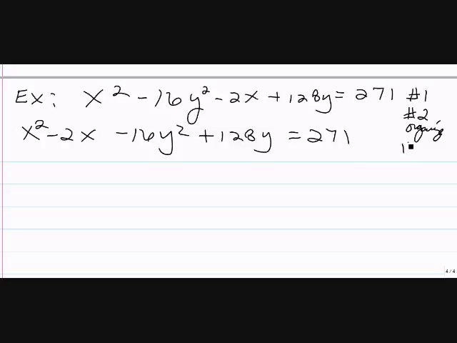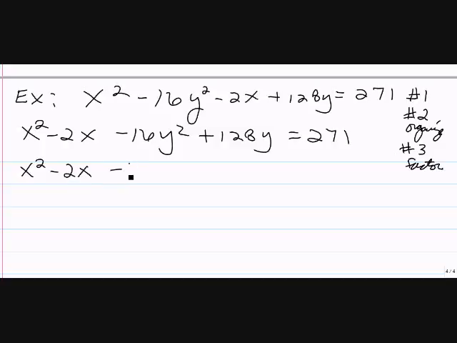Step number 3, factor out coefficients on any squared terms. Oh, there's no coefficient on the x squared term, so I don't have to do that part. That part is already taken care of for me.